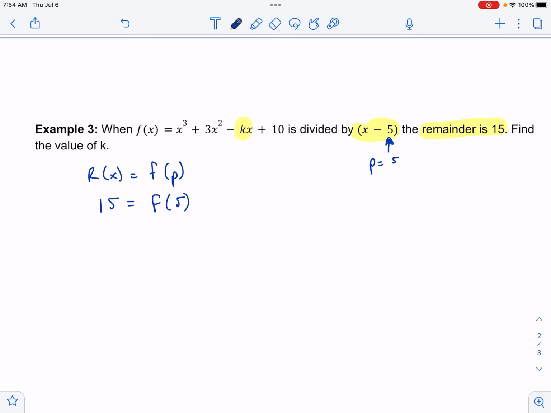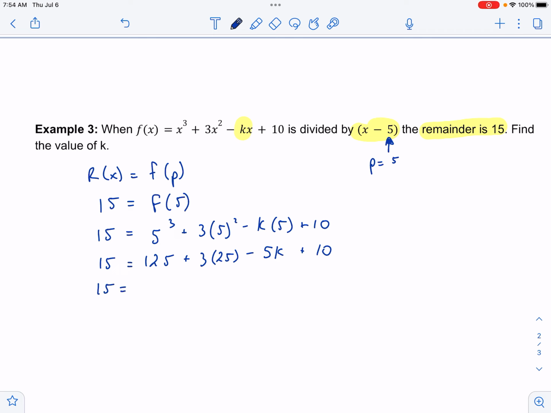We can actually do f of 5 because we were given the entire function here. We can substitute a 5 in. So it's going to look like this. It'll be 5 cubed plus 3 times 5 squared minus k times 5 plus 10. And we can go ahead and simplify a lot of this. 5 cubed is 125. 5 squared is 25. 5 times k, we can just write 5k. And then I've got a plus 10.